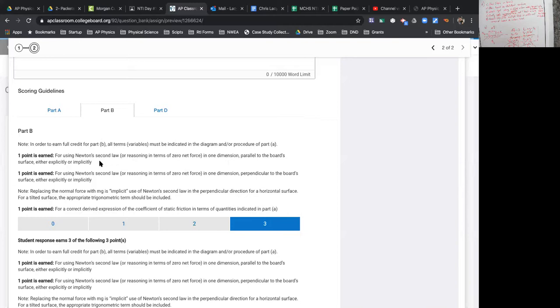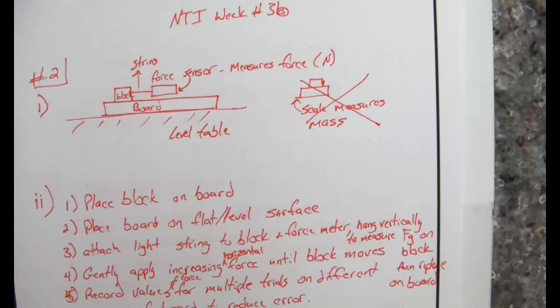Okay. For using Newton's second law in one dimension perpendicular to the board surface, either explicitly or implicitly. Ooh. 1 point is earned for a correct derived expression for the coefficient of static friction in correct terms, part A. Okay. All right, so a couple problems I'm seeing with what I have here.